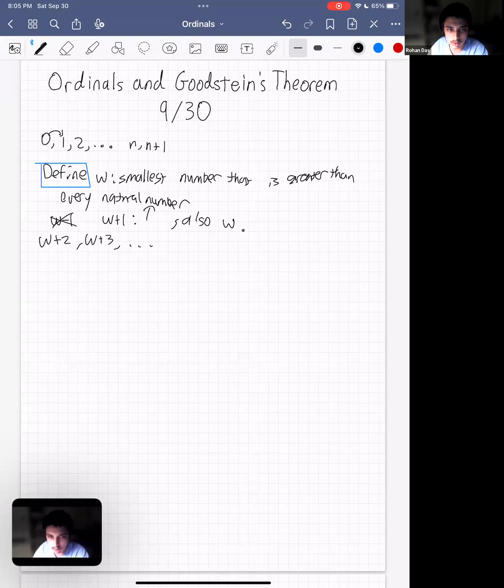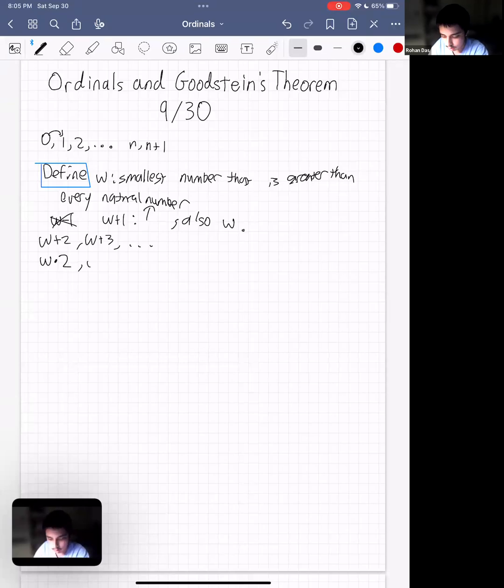One thing to note is that we can also extend this past just addition. If we take the smallest number greater than omega plus 1, omega plus 2, omega plus 3, and then omega plus any natural number, we get something that is omega times 2, because you can't represent that by omega plus n for natural n, as it would not be greater than omega plus n plus 1.